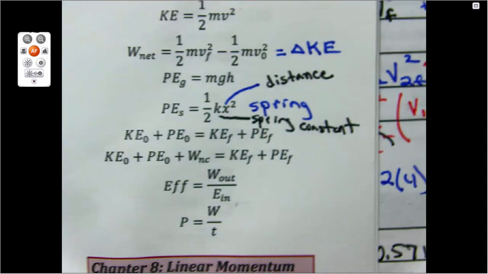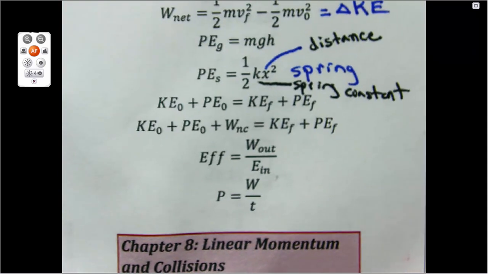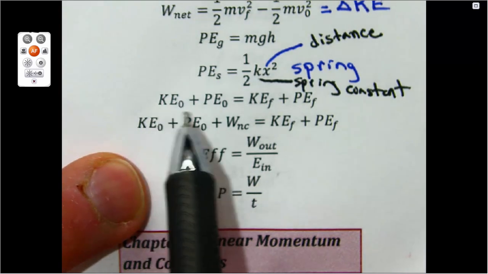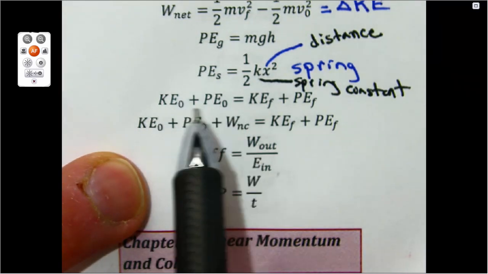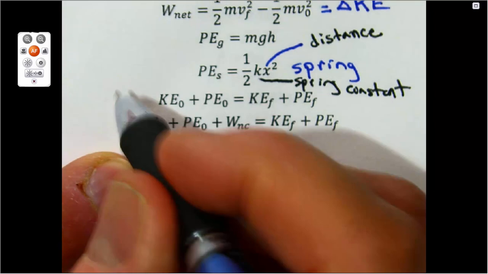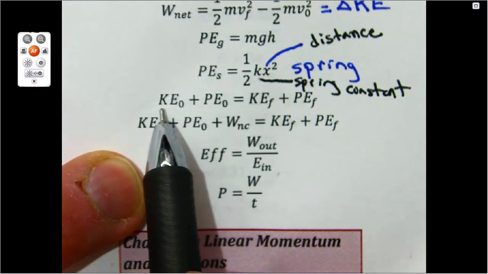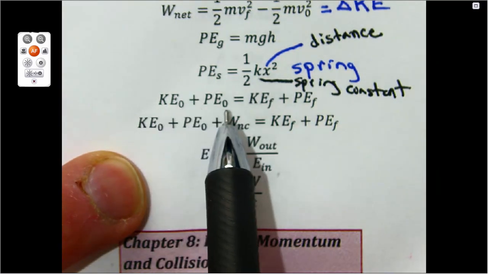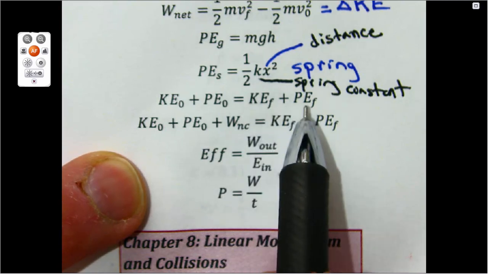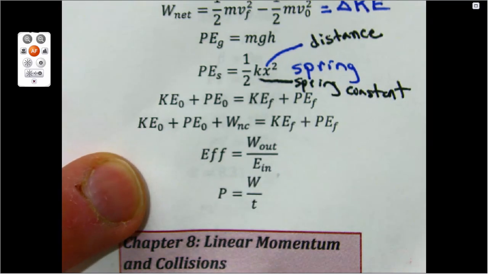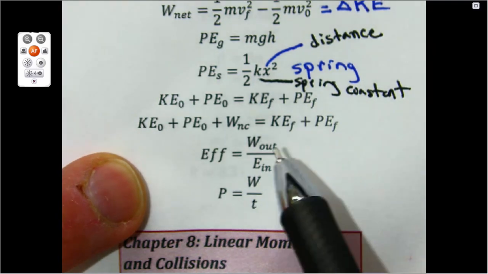Spring constant. Now, this right here is just total energy. This is kinetic energy initial plus potential energy initial equals kinetic energy final plus potential energy final, right? That's just conservation of energy. And then they put some work in there and stuff like that.